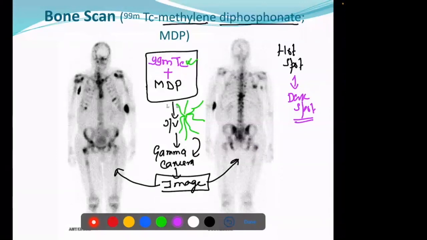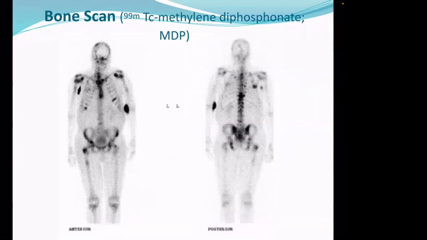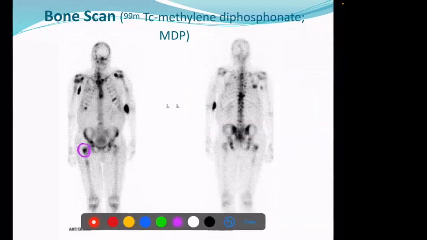See over here, this patient has metastasis to a lot of bones. You can see the hip bone on the right side, the upper part of the femur, the left humerus, the sternal bone, even the shoulder joint. You can see the ribs are involved, even the hip line, even the skull is involved.